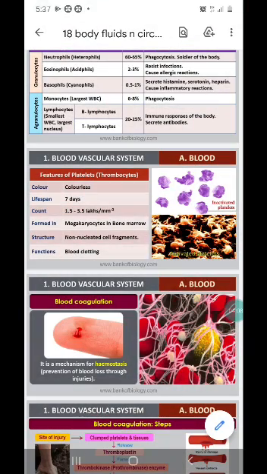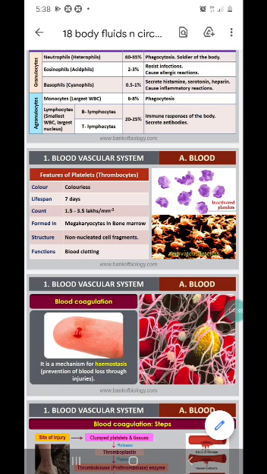All these five types help in providing immunity, but each has a separate function. Neutrophils are phagocytic in nature. Phagocytes means big eaters, and they help to eat the germs or antigens which are entering the body.